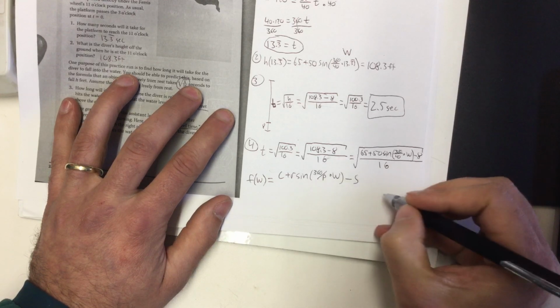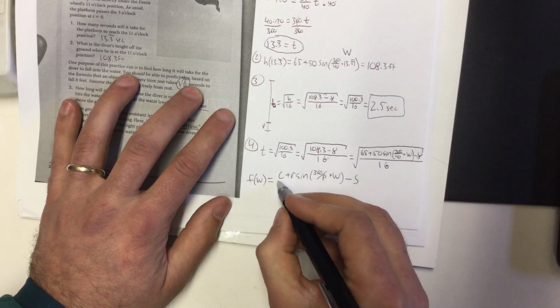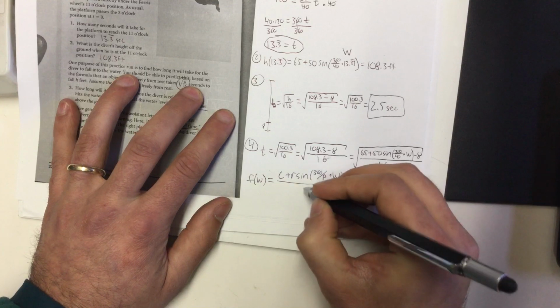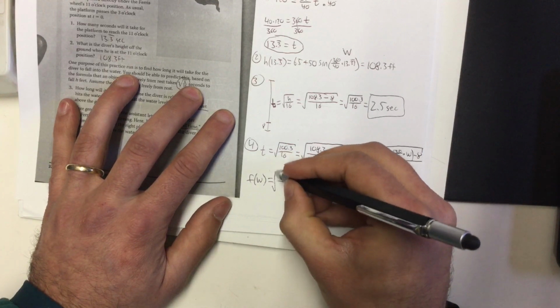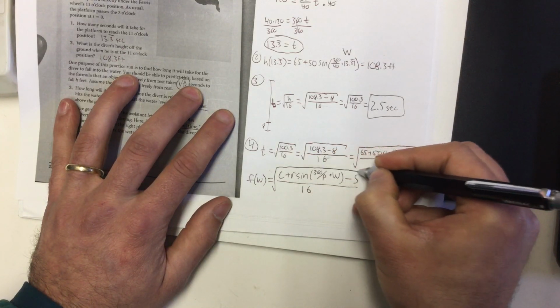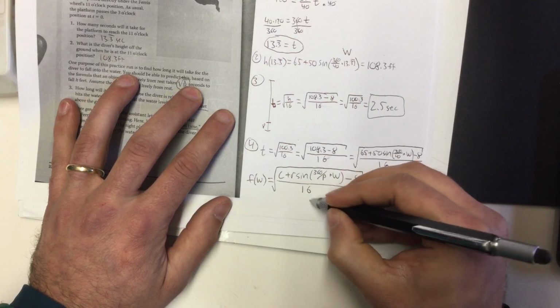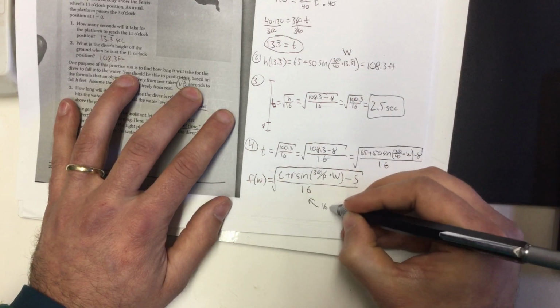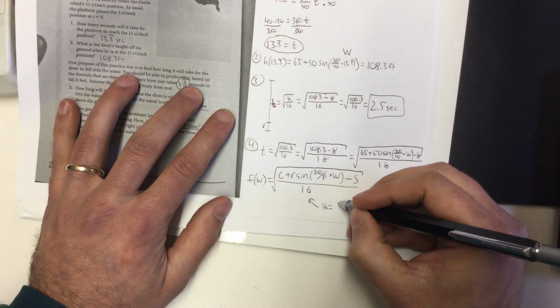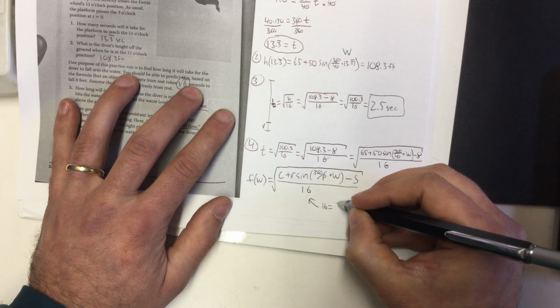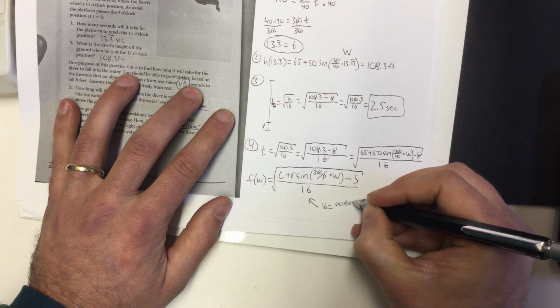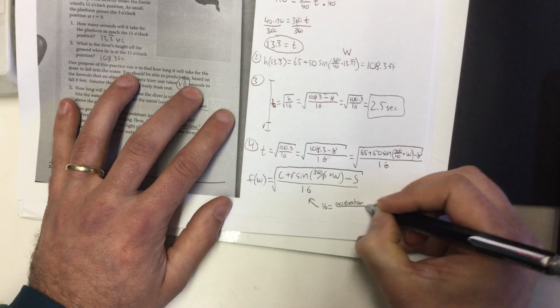This is not a 5, it's an S, for the surface of the water. All that is divided by 16, and it's inside the square root. And then don't forget, your 16 is equal to your acceleration divided by 2.